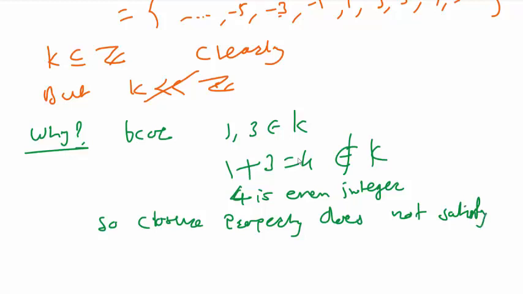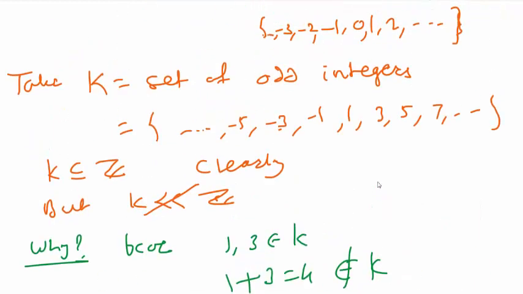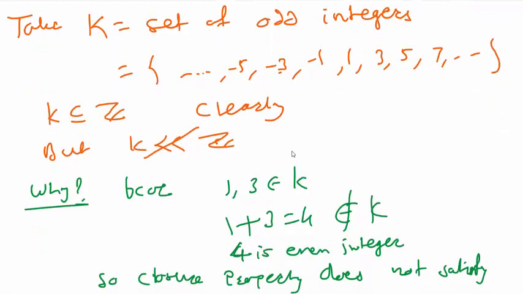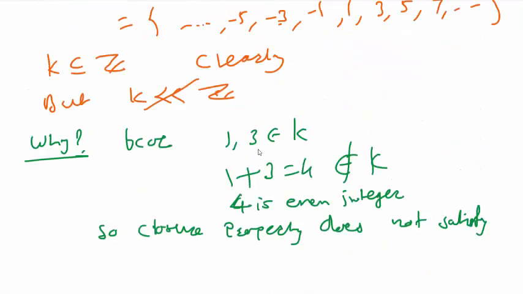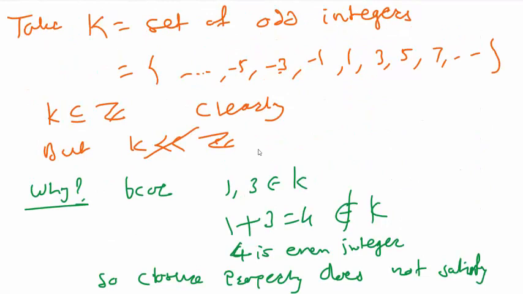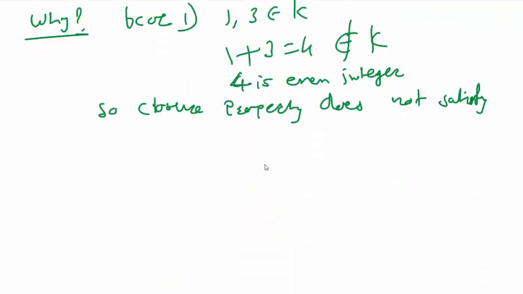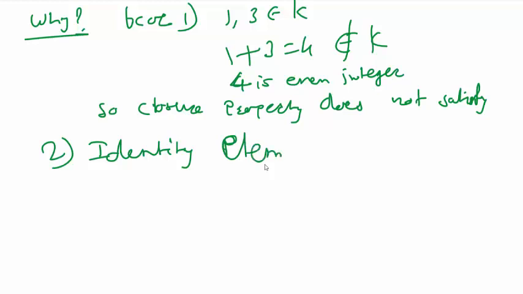Can you tell any other reason? First cause is closure property not satisfied. Second, if we discuss existence of identity, 0 is not present. Identity does not exist.